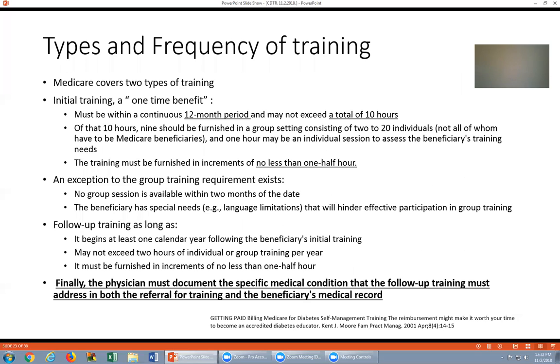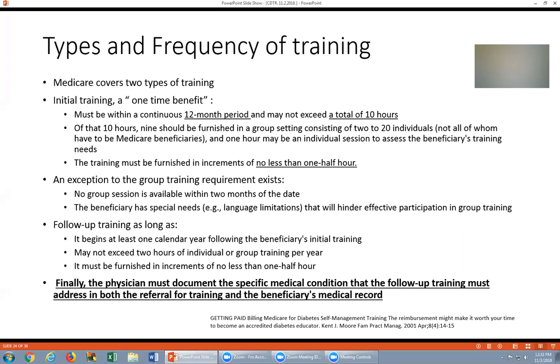Okay? And then here's the other part. What's the type of diabetes education Medicare is covering? There are two types. There's the only one time in their life, a diabetic can get this detailed initial education. Okay? And it's 10 hours in a 12-month period.